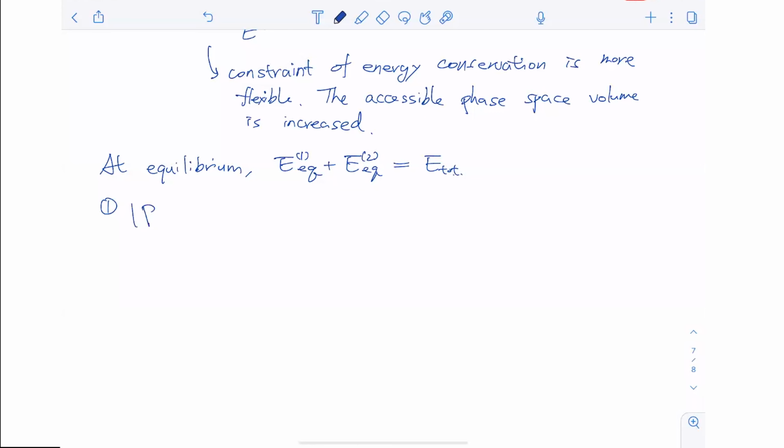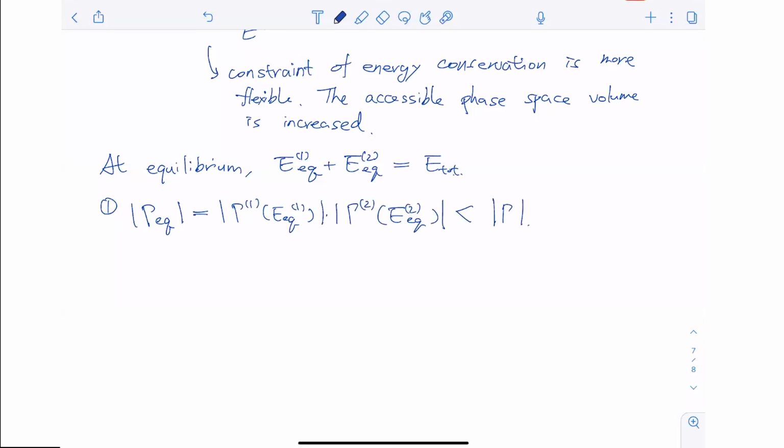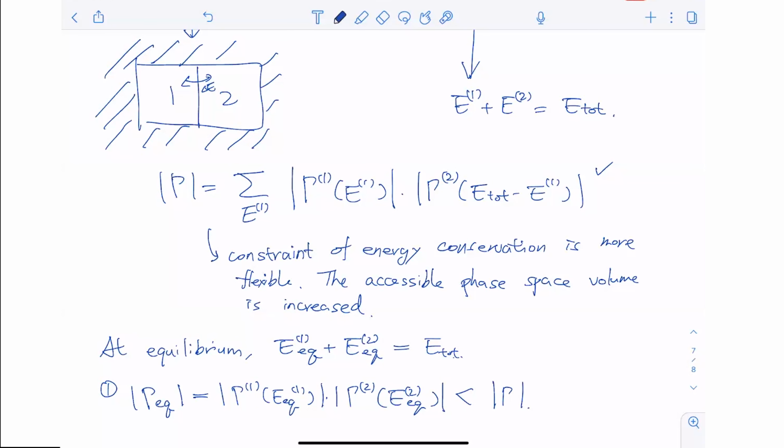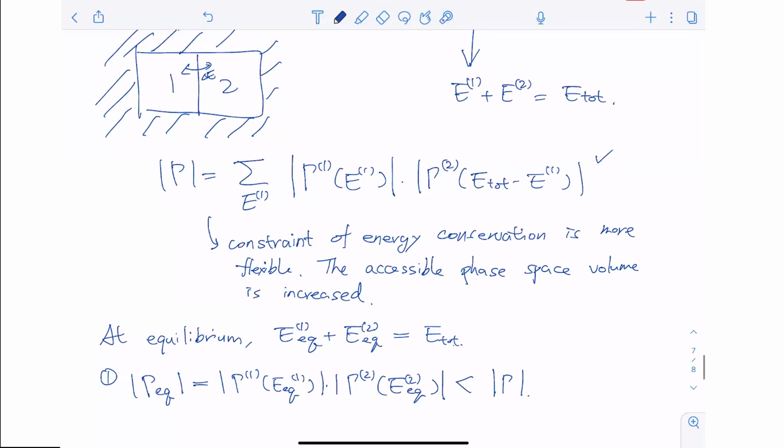As I discussed in the last lecture, if we evaluate the phase space volume at the equilibrium energy configuration, we end up with this expression times, and it seems obviously smaller than the total accessible phase space volume described here, because that expression includes all the possible energy configurations of system 1.